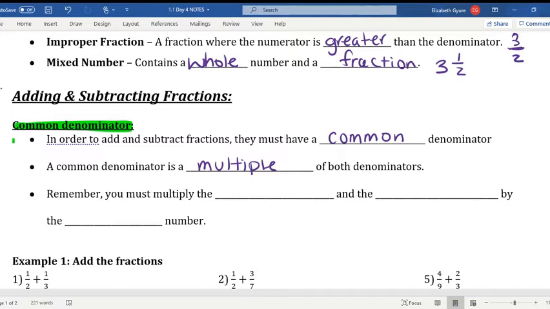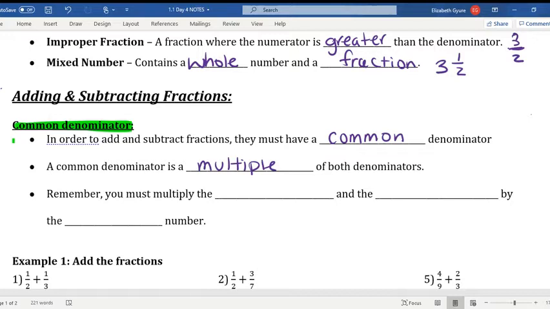So there's a few steps you need to remember. When you change a denominator, you're probably going to have to multiply, right? But think about when you solve equations. If you multiply something on the left, don't you have to also multiply it on the right? Same idea is going to happen with fractions. If you multiply something on the bottom of the fraction, you also have to multiply the top of the fraction. Exactly.